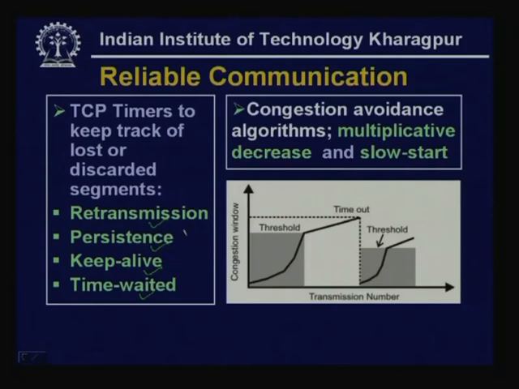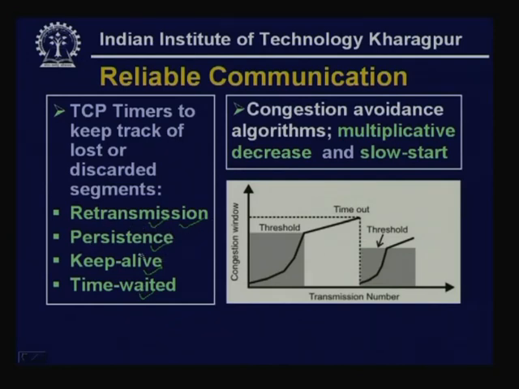Whenever the retransmission timer is started and a timeout occurs, if the acknowledgement does not come, then that frame is retransmitted. So, the retransmission timer is used for retransmission whenever a frame is lost.